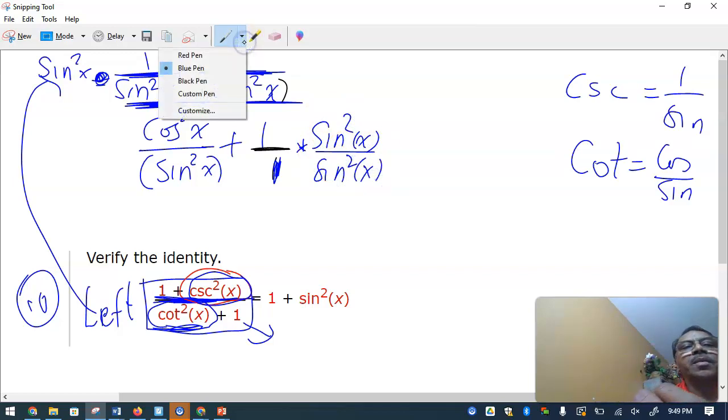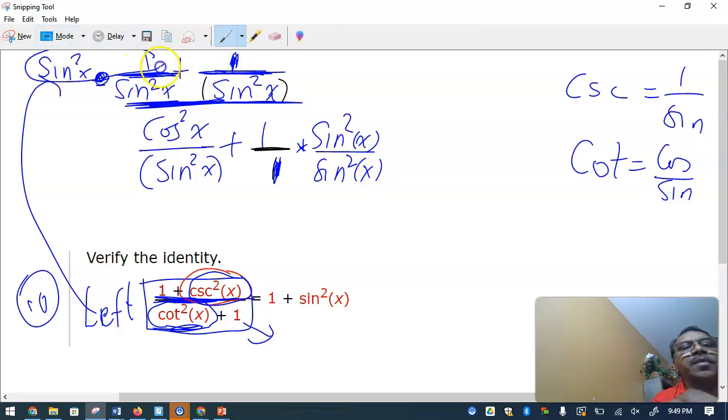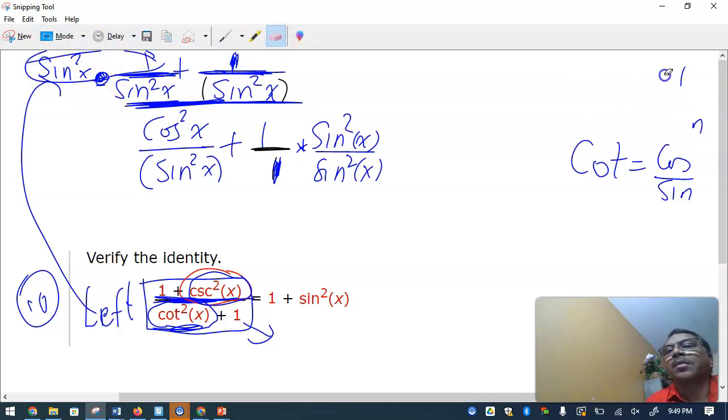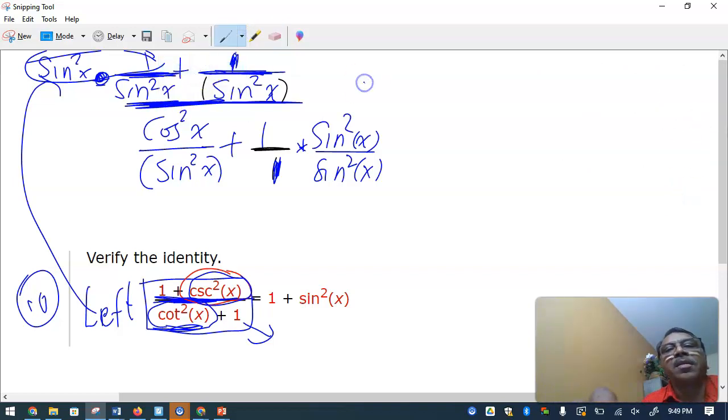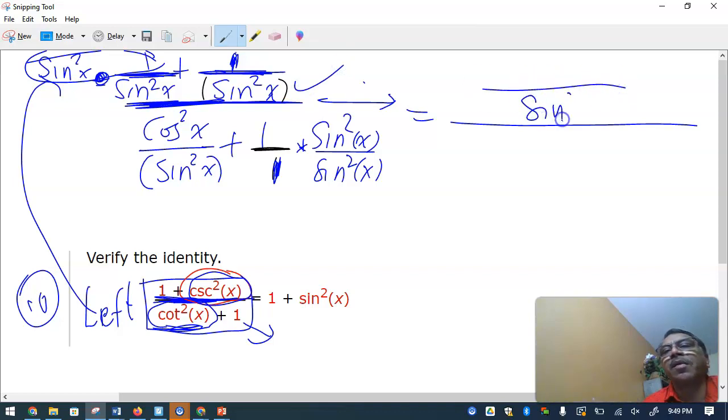And then this one will stay, and this will be sine square. Let's do it. So I'm going to write a big division line, and both have the same sine square of x.